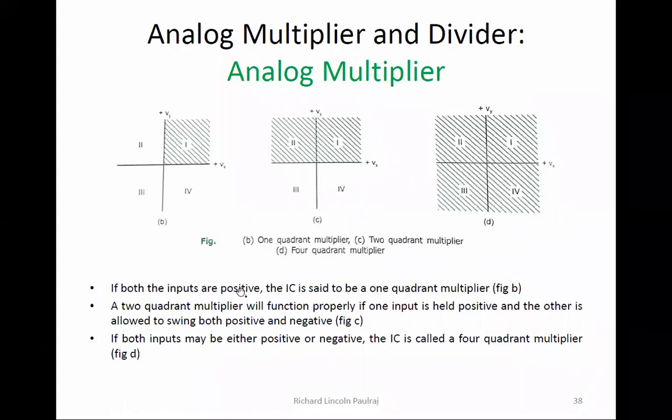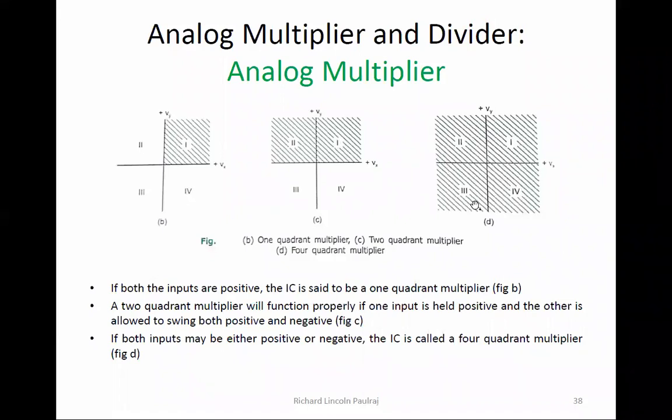If both the inputs are positive, which means it's lying in the first quadrant, the IC is said to be a one quadrant multiplier. There are one quadrant, two quadrant, and four quadrant multipliers.